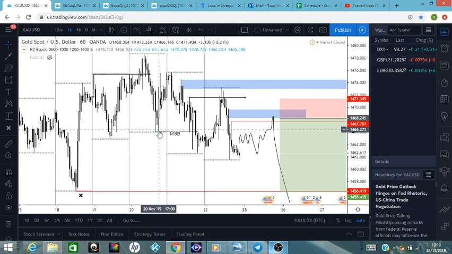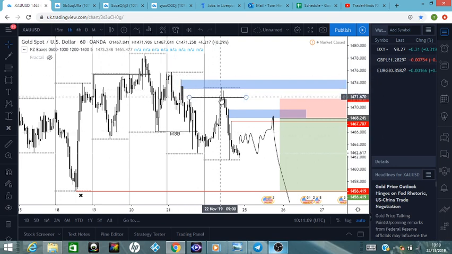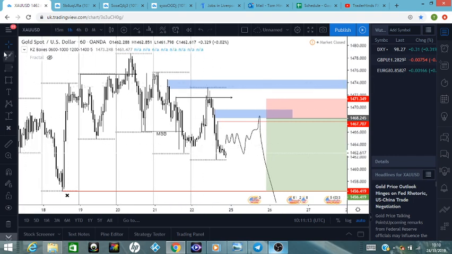We had a confirmation of the market structure break because we had a higher low here. We should have went on to break this high. We didn't. We broke down. We've touched an order block. We've hit stops. We've broken market structure once again.